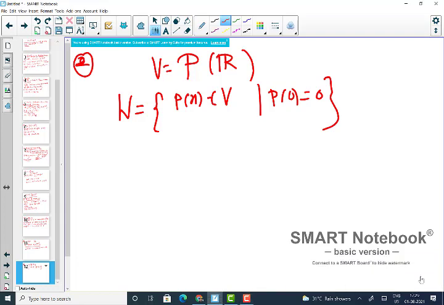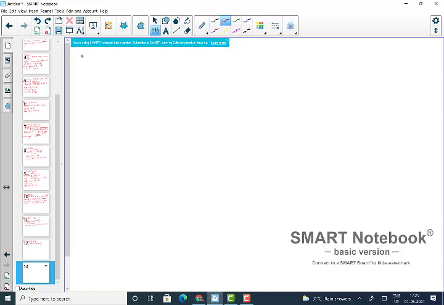Now the question is: do you have an easier way to check which kind of subset becomes a subspace of some vector space? And the answer is yes. So this is our theorem.